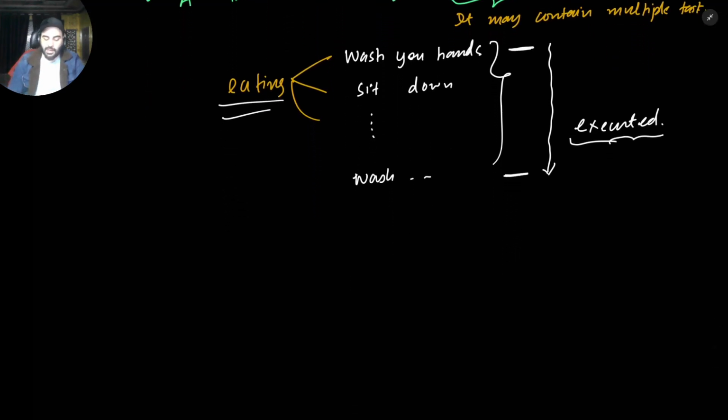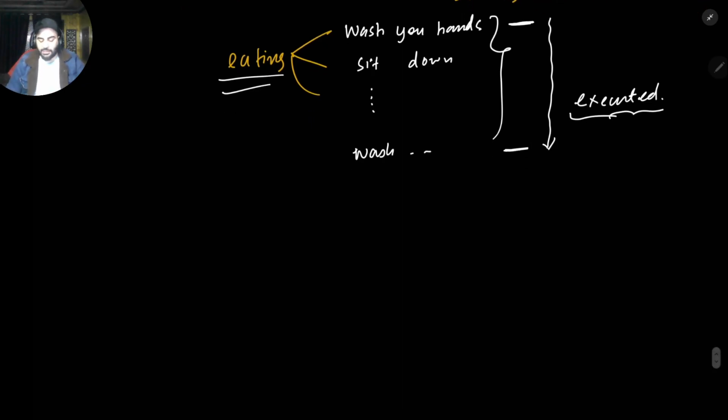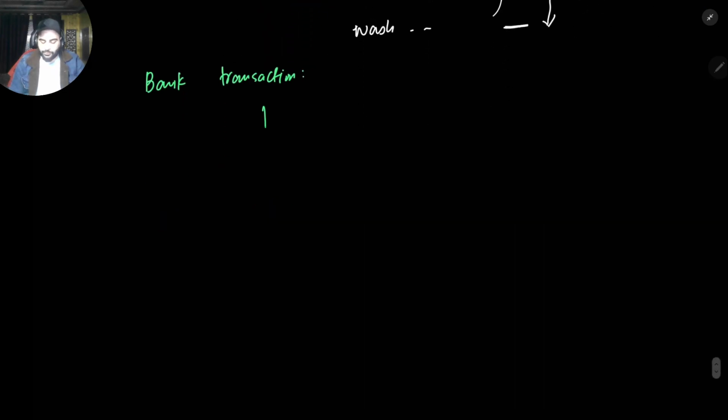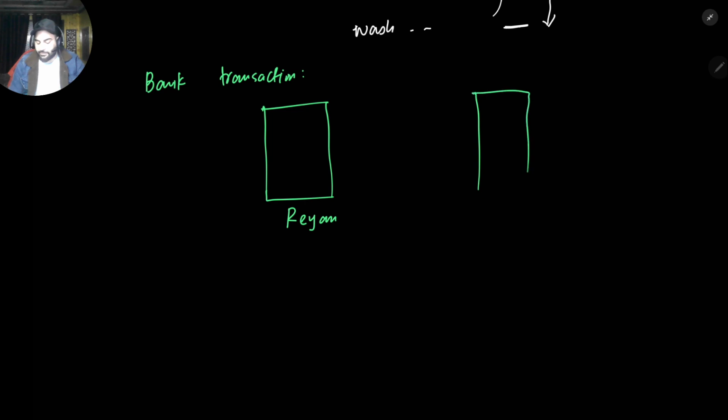I gave you the example of, I think, Rian and Mahvish. So I'll do a similar thing again and break that down. We'll give an example of a real world thing: bank transaction. Here we had two people. The first was Rian, and let's suppose this is Rian's bank. The second person was Mahvish, and suppose this is Mahvish's bank.